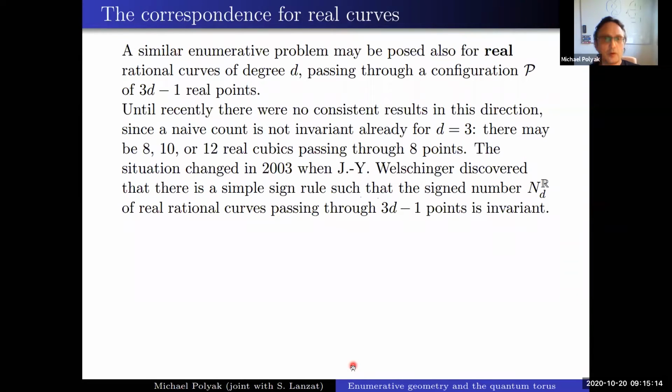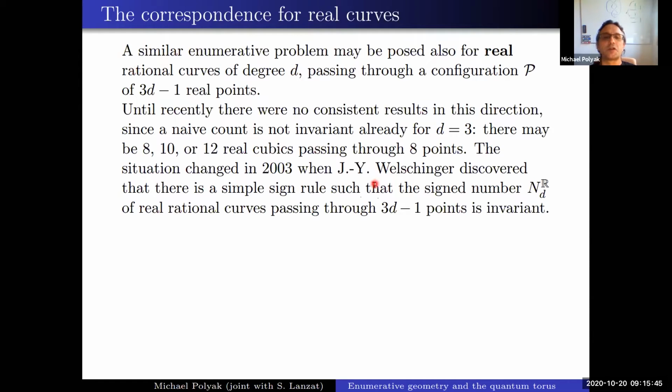Now, obviously, you can also ask the same question in many other variations. For example, instead of complex curves, you can ask about real curves of the fixed degree and genus passing through a configuration of real points. And Welschinger discovered that such a count can be done in an invariant fashion.